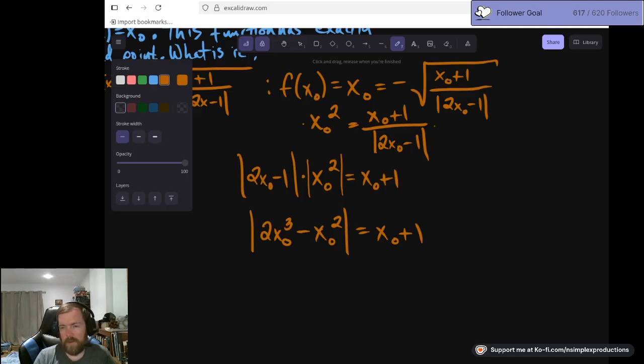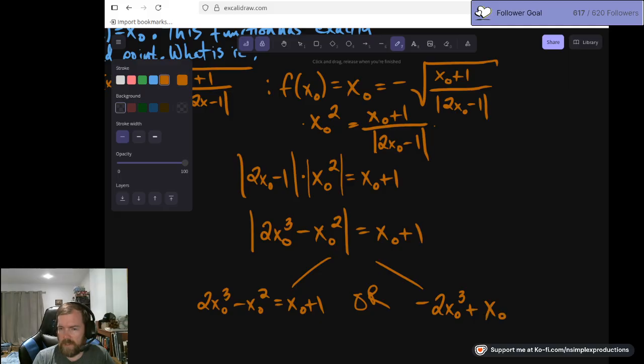Then we can try and solve this cubic either for the positive or the negative values that we get out of this. So this is going to be 2x sub 0 cubed minus x sub 0 squared is equal to x sub 0 plus 1, or we can get a negative: 2x sub 0 cubed plus x sub 0 squared is equal to x sub 0 plus 1.